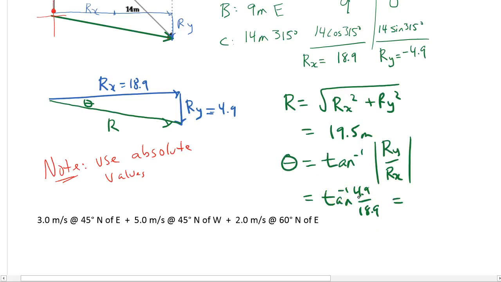Oh, actually, sorry, when I do the inverse tan, I have to look at my little cheat sheet over here, it was 14.5 degrees. Okay, so now the next step is to say, all right, so if this is 14.5 degrees, what is that counterclockwise from east?